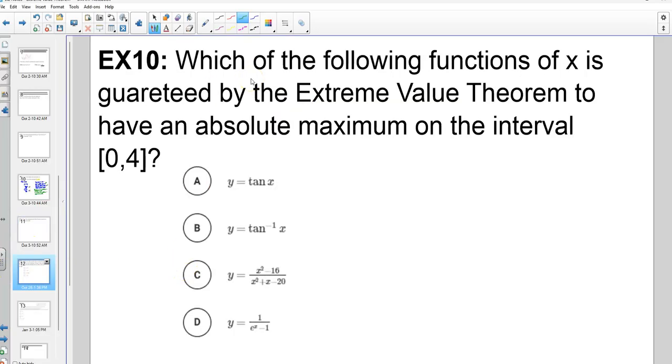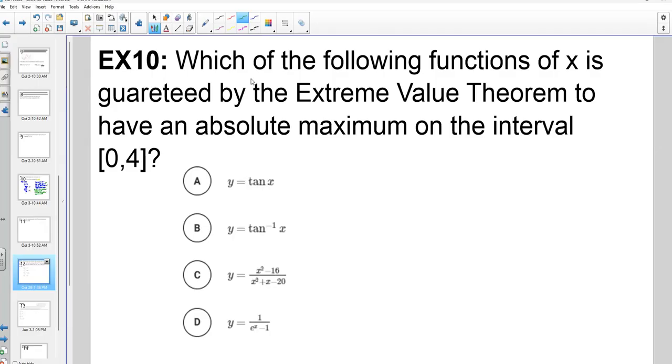Which of the following functions of x is guaranteed by the extreme value theorem to have an absolute maximum on the interval from 0 to 4? So some of these are not going to be, there's not going to be a guaranteed maximum.